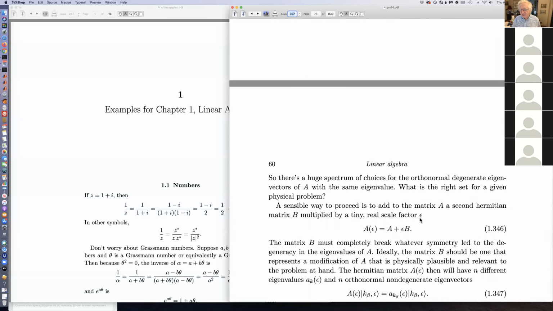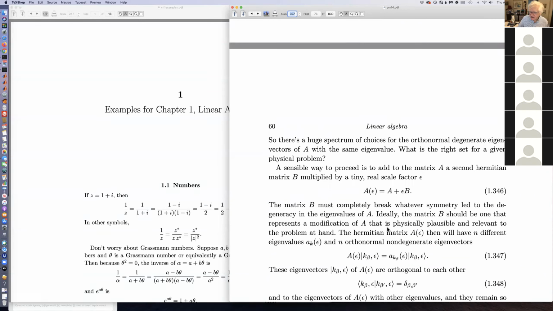So there's a huge spectrum of choices for the orthonormal degenerate eigenvectors of A with the same eigenvalue. What's the right set for a given physical problem?